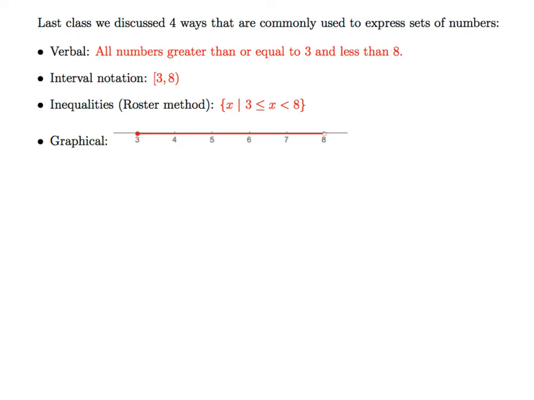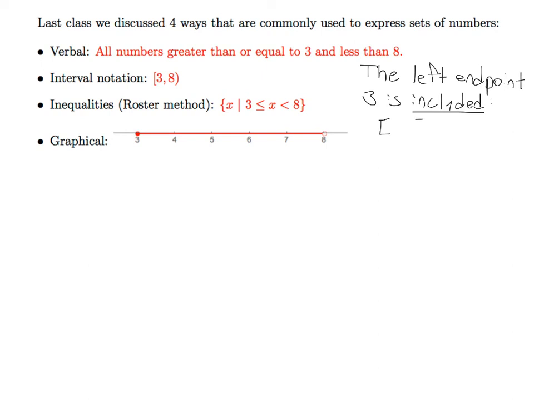And so one thing that I would like to point out at this point is notice that we have a difference here, and that is when we want to include the endpoint 3, so this would be the left endpoint, this is included in this set. And when we want to include an endpoint, if it's on the left, we use a closed bracket.